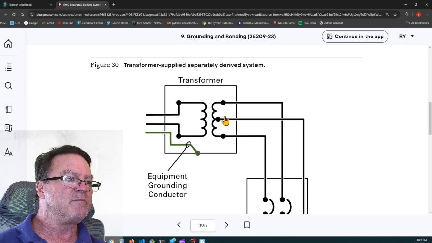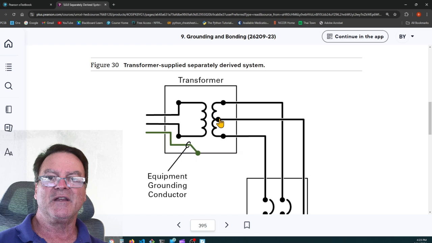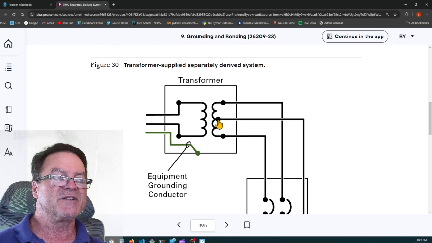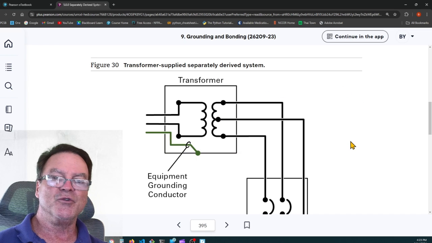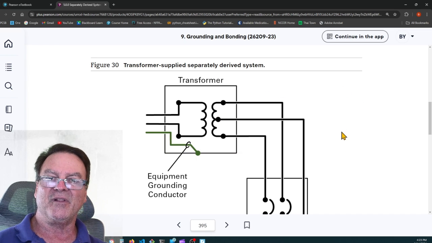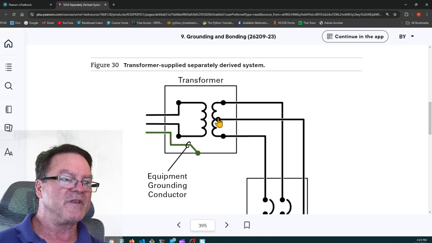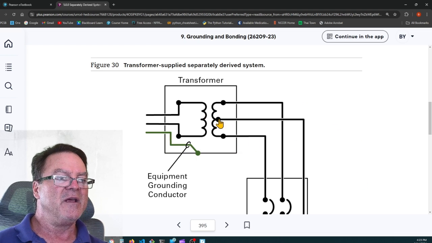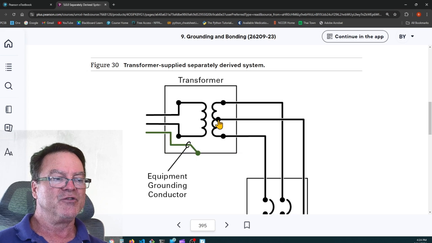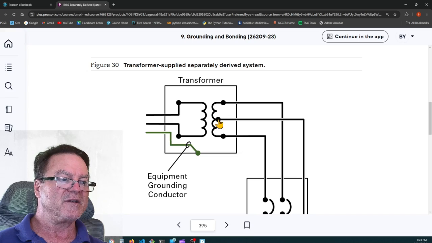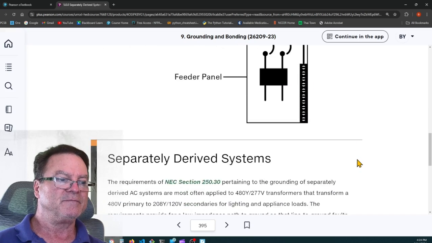It has to be bonded to building steel, just the same way the incoming service was bonded to the building steel. It has to go to building steel, it has to go to cold water, it has to go to an earth ground, either a plate, pipe, or rod ground. You have to ground this secondary, and it has to be grounded here at the neutral. That'll be the system bonding jumper that bonds this neutral to the building steel.